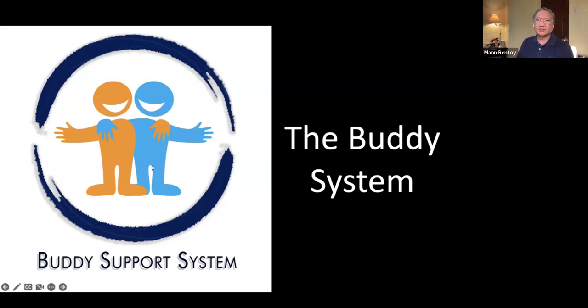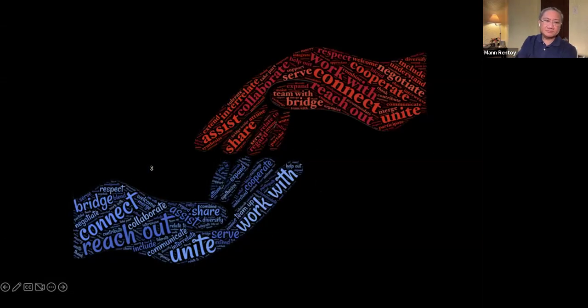A class supporting another class, as what you would have inside the classroom, a student supporting another student and each other. That's the buddy system. Whatever you do to create connections, reaching out, bridging, uniting, working with, all of these are important and beneficial to the students.